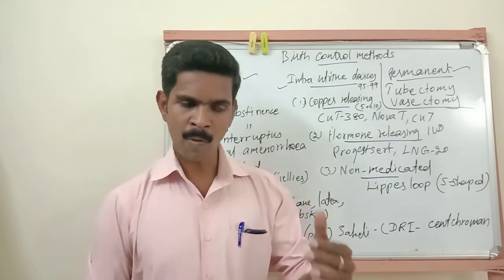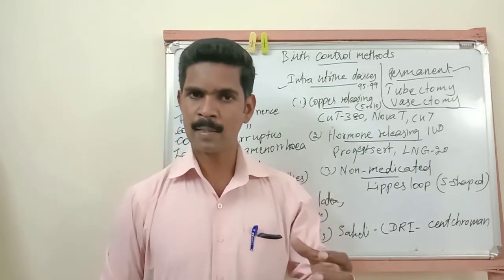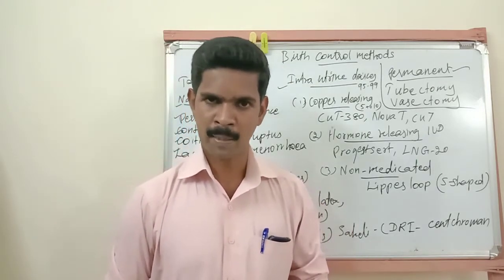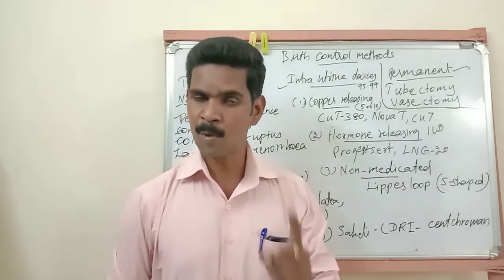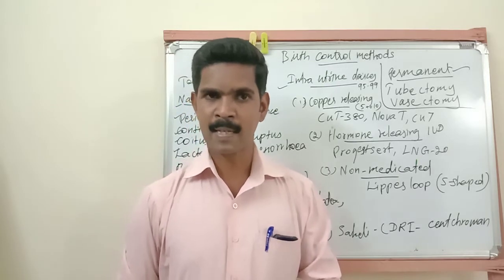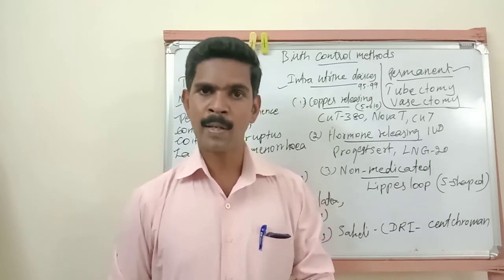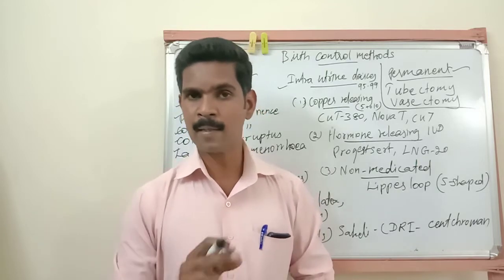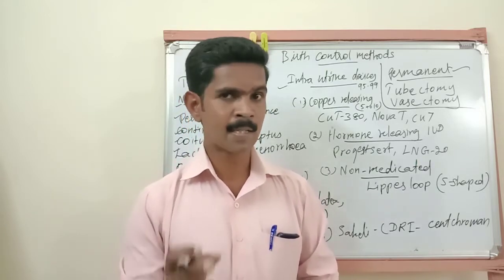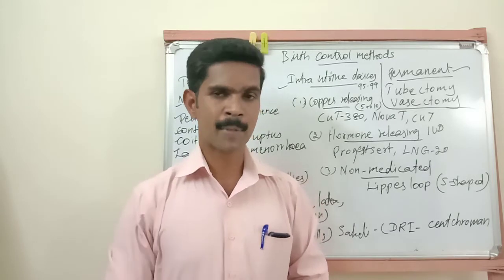If the amount of this prolactin hormone is increased in the blood of the mother, listen very carefully, this prolactin hormone suppresses the release of gonadotrophin releasing hormone. Normally, gonadotrophin releasing hormones are secreted by the hypothalamus region of the brain.